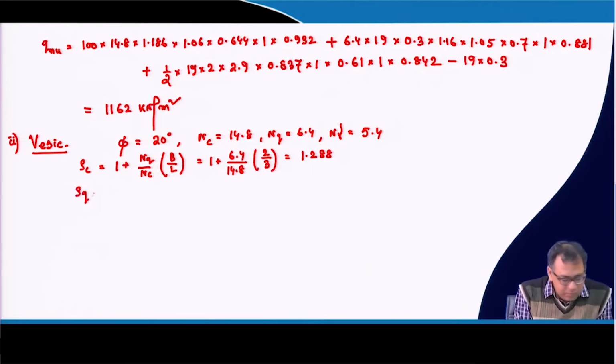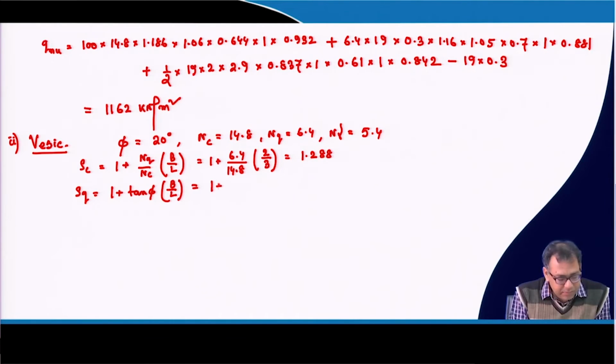Now, Sq is equal to 1 plus tan phi into B by L. So, this is 1 plus 2 by 3 into tan 20, and that is 1.243.